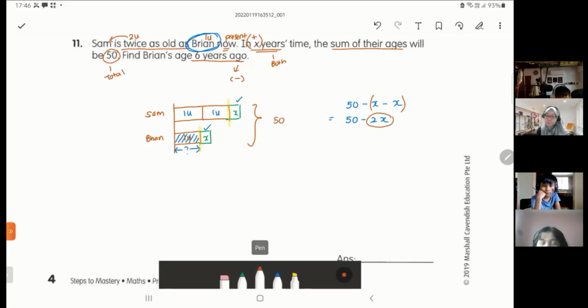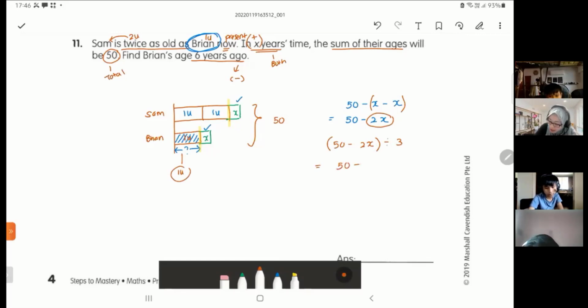They're all the same. So I want Brian only. I want Brian present, which is just 1 unit. So this 50 minus 2x, I need to divide by 3 units, or 3. How to represent this? (50 minus 2x) over 3. Remember just now I taught you how to represent an algebraic expression when it's divided.